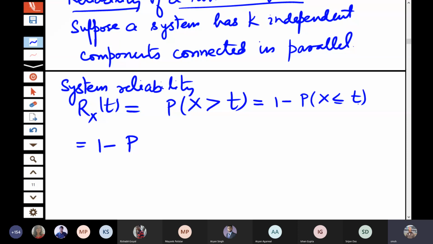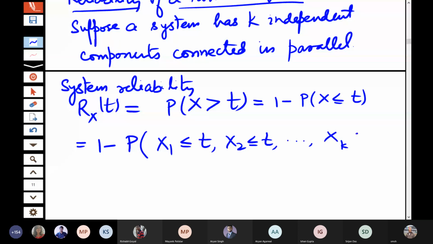X less than or equal to t means that the system has failed at or before time t. So the system will fail in a parallel system only if each of them has failed. For example, it will fail if my laptop is failing, my desktop is failing, and my mobile is also failing. Now if the components are independent, then it becomes the product of the probabilities.